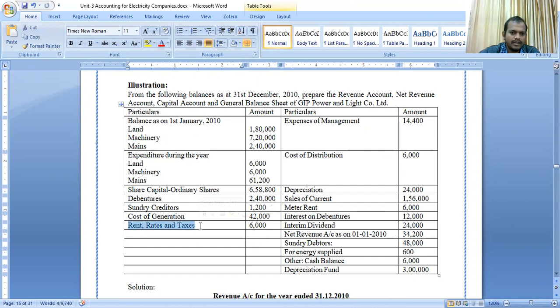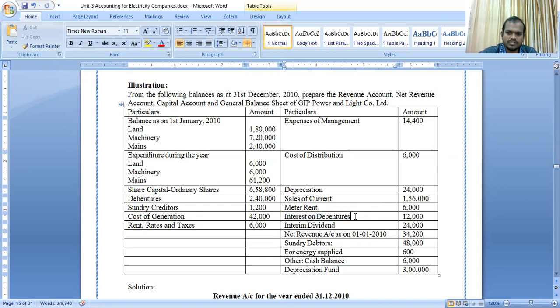Rent, rates and taxes, revenue expenditure, revenue account, debit side. Expenses, this also comes under the revenue account, debit side. Cost of generation, revenue account, debit side. Depreciation, revenue account, debit side. Sale of current, revenue account, credit side. Meter rent, we receive rent for the meter, revenue account, credit side.